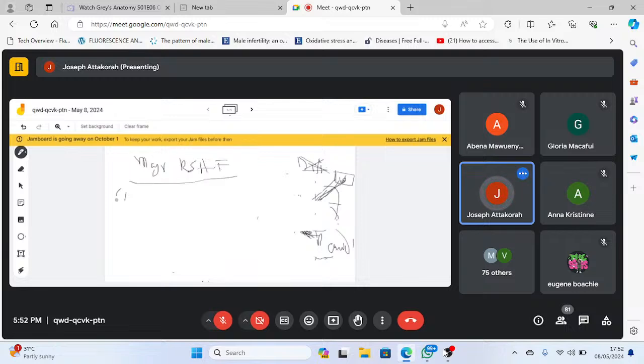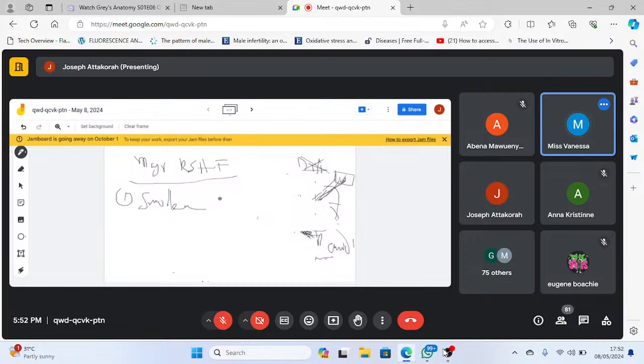Who can tell me? Please, swelling in the lower extremities. Yes, swelling of the lower extremities. Any other? The major? Ascites.